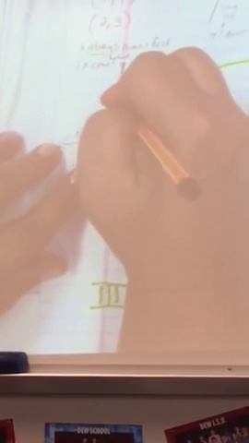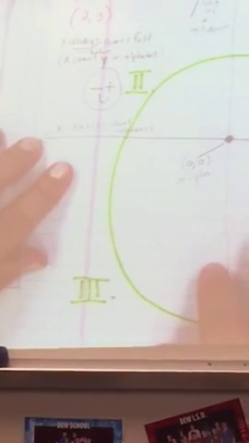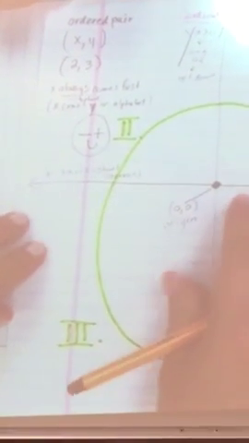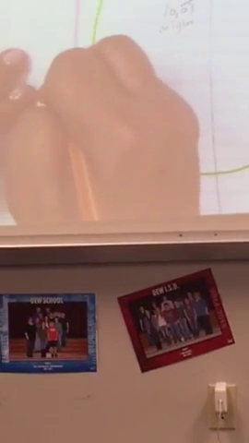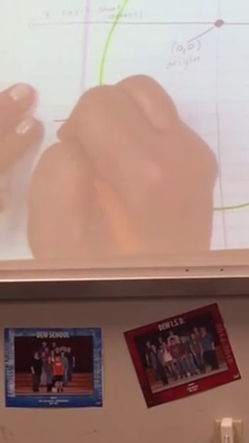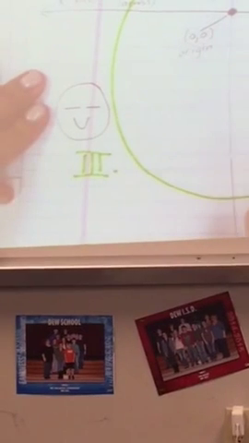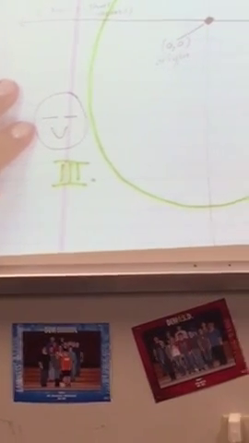So your x would be negative, your y would be positive. In quadrant 3, you would have to go over to the negative numbers and then down, also negative, so both your x and your y would be negative. If you were making a little face. And in quadrant 4, you would go over to the positive side and then down into the negative portion, so it would be positive, negative.